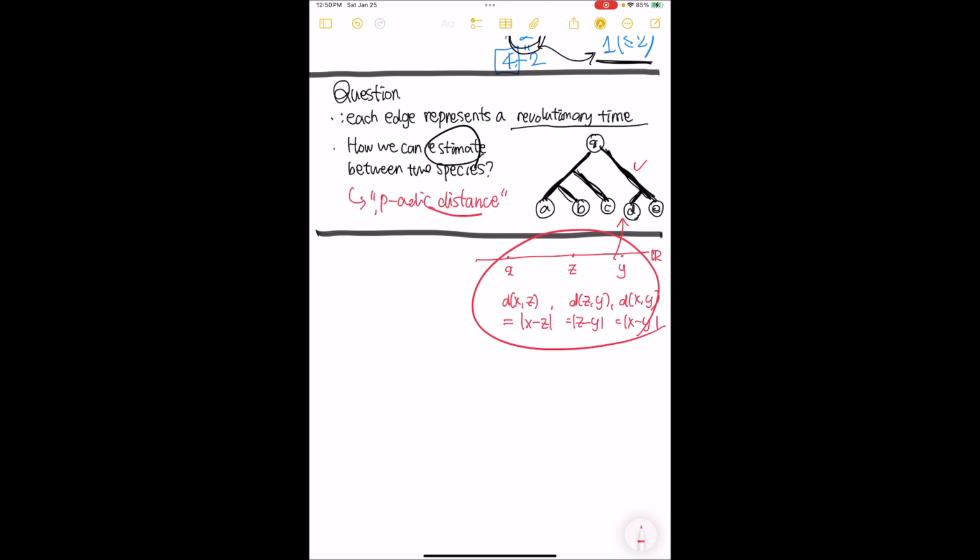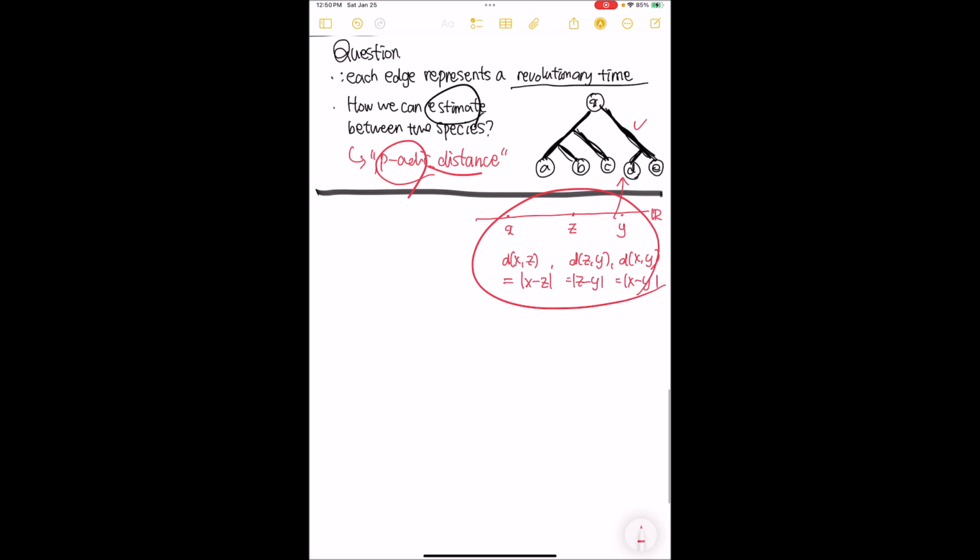Anyway, we can construct a new and reasonable metric space that estimates the following evolutionary model; the p-adic distance is a nice model to describe the two species. Okay, but what is the p-adic?